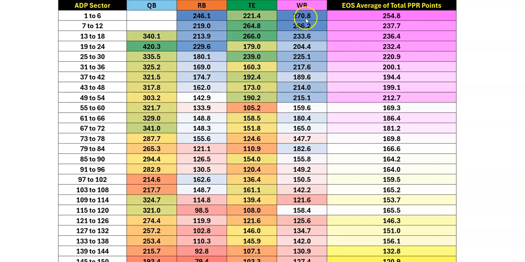Wide receivers. Wide receivers in the first round are superior to rounds 2 and 3. In fact, you could even say 2, 3, maybe even 4, and part of 5, you're grabbing the same.